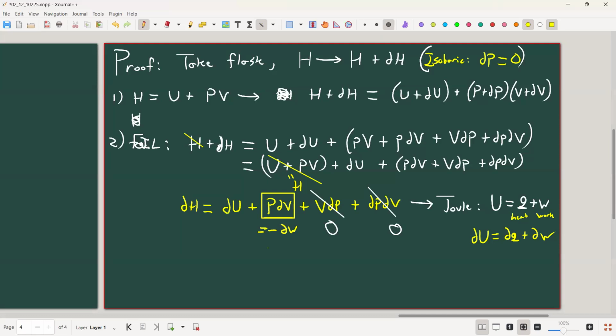This is the negative of work. This is the work the system does by changing the pressure or changing the volume. And we have that dU is equal to dq plus dw. This is minus dw. So we have dq plus dw minus dw. So the work goes away. And what we're left with then is that the change in enthalpy is just a change in heat.